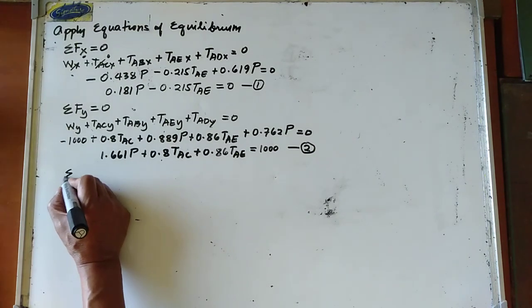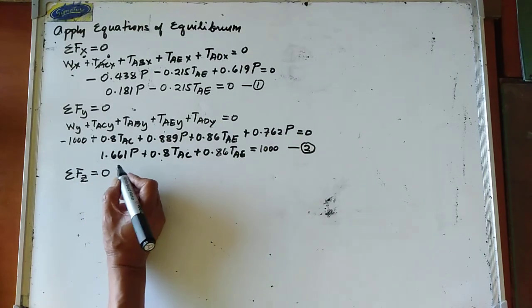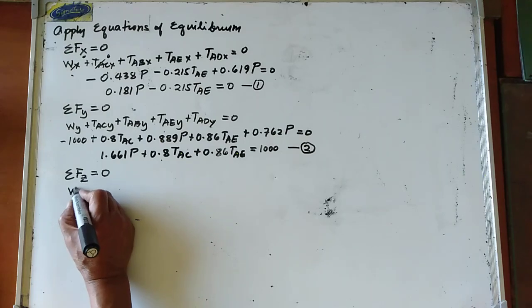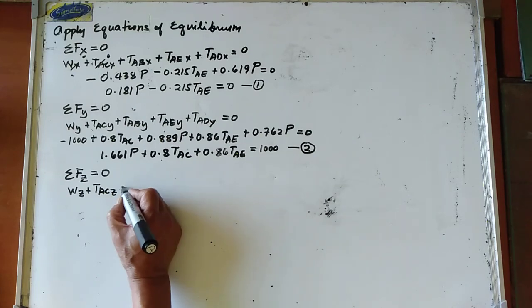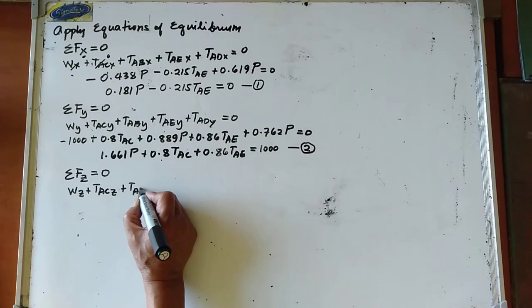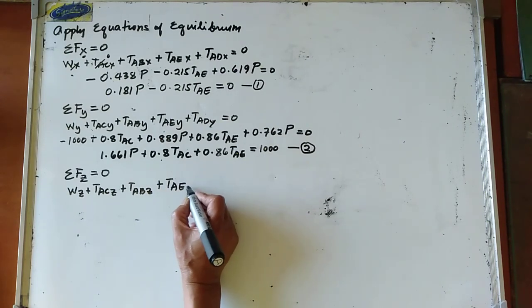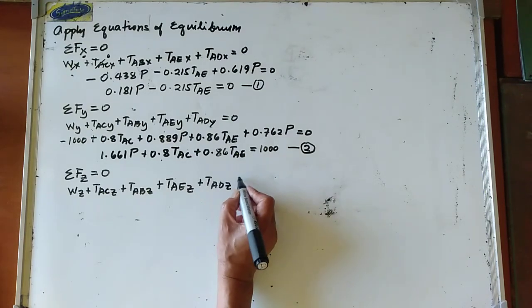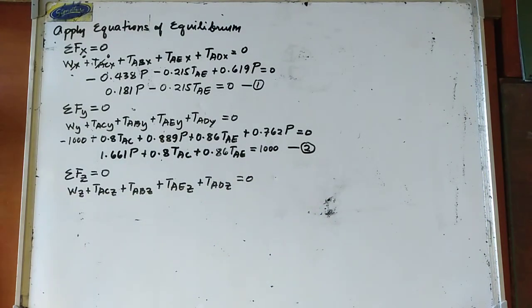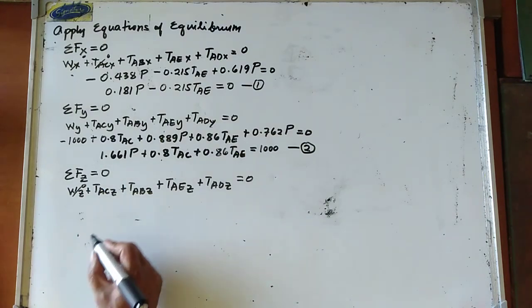The next equation of equilibrium, summation of forces along the Z is equal to 0. So we have WZ plus TACZ plus TABZ plus TAEZ plus TADZ is equal to 0. Okay, WZ is equal to 0.